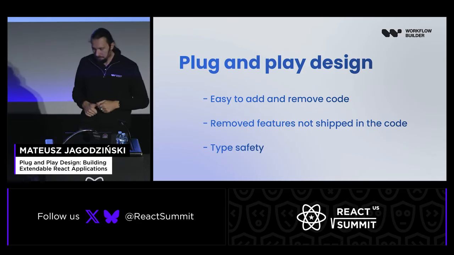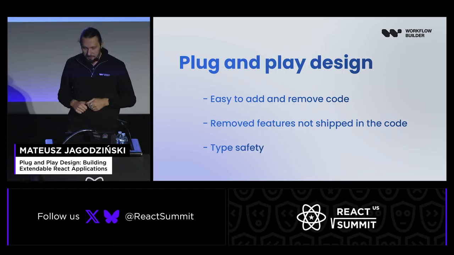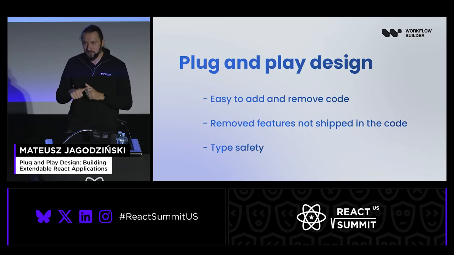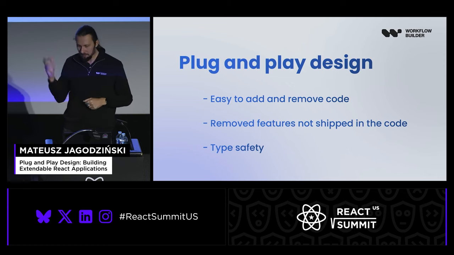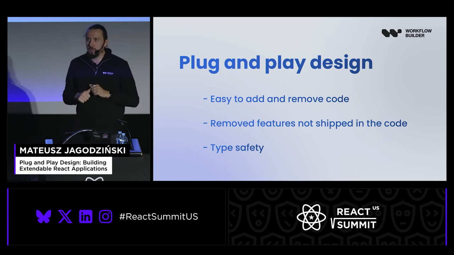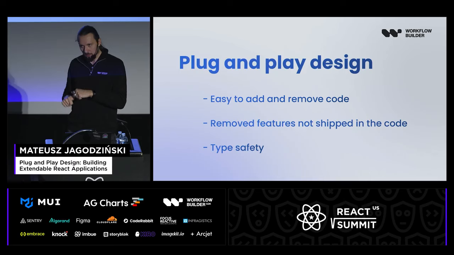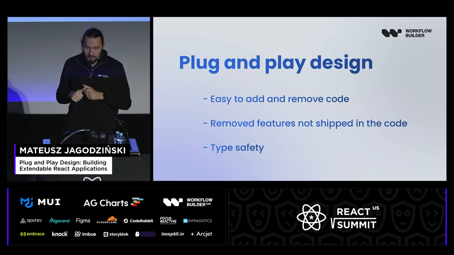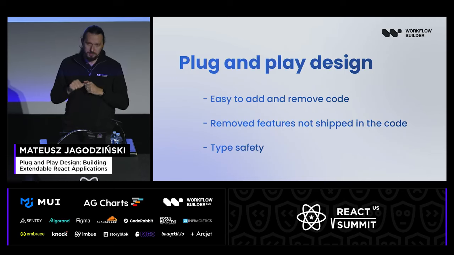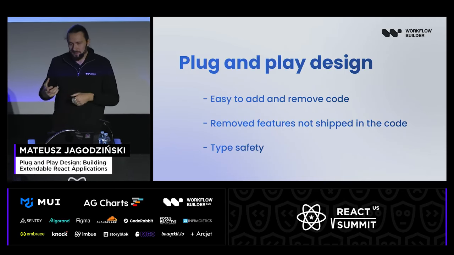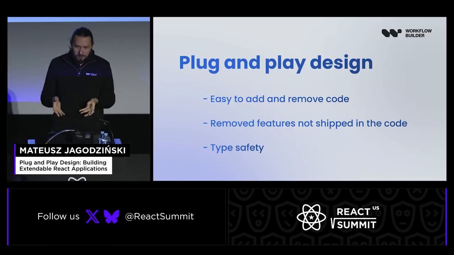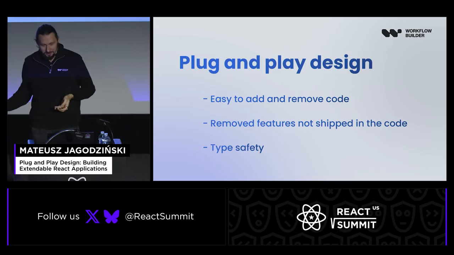A couple of things with this, as we call it, plug-and-play design. These are the constraints and what we tried to achieve. We needed a way to easily add and remove code, so we can prepare different builds. We really wanted removed features not shipped in the code, so a smaller bundle size, but also smaller source code in general, not shipping what is not needed.